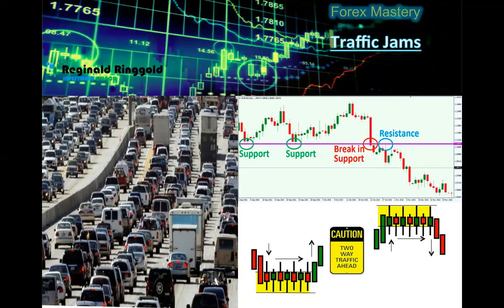So when we talk about traffic jams, all we're talking about is our normal, typical support and resistance, okay? And how and where it forms. Give me a Y if you follow me. Okay? How and where it forms.